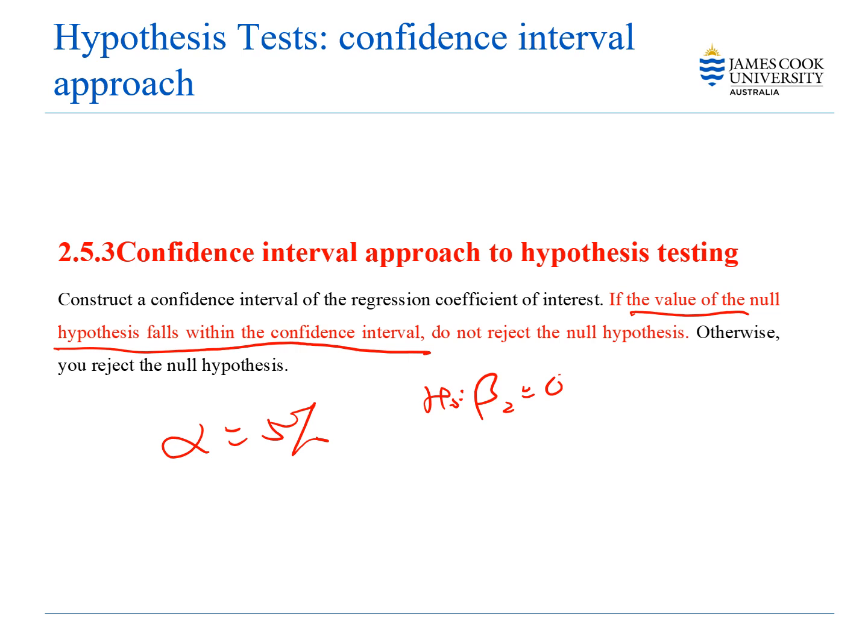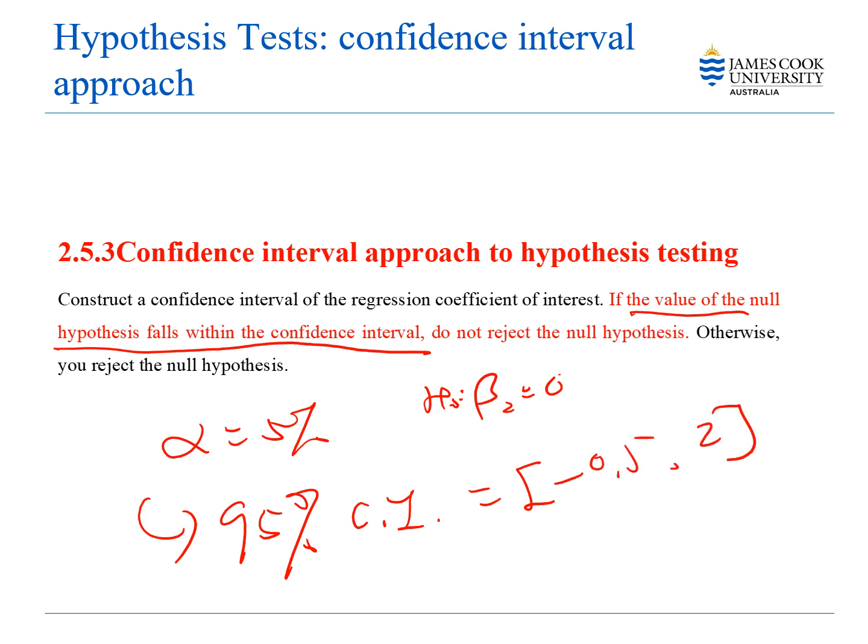That means we can compute a 95% confidence interval. Suppose we compute it to be negative 0.5 to 2. Now 0 falls in this interval, so we are going to conclude that we fail to reject the null.